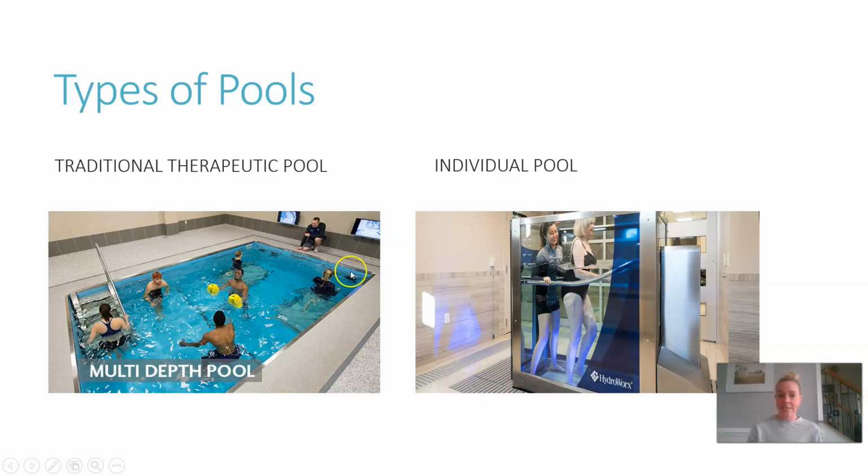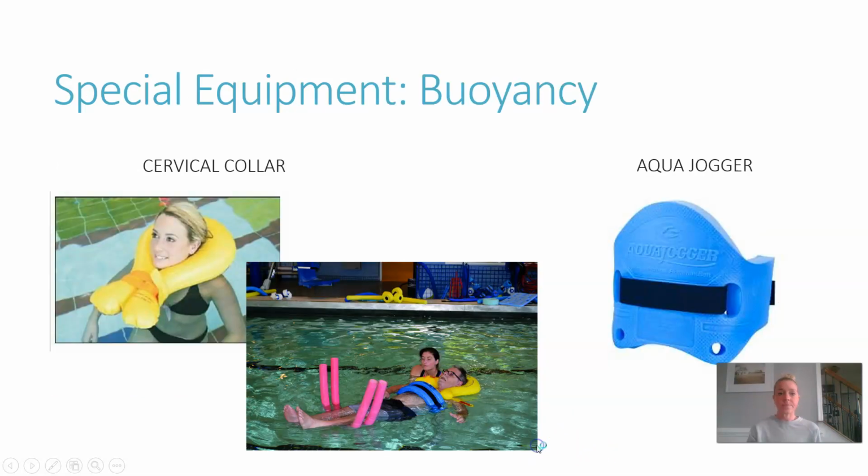So you don't need to run a whole big pool. You can just have basically an individual pool for your patient. And then you may or may not be getting in with them when it's just the tank. This one too, because it is a HydroWorks pool, also does have a treadmill in the bottom.